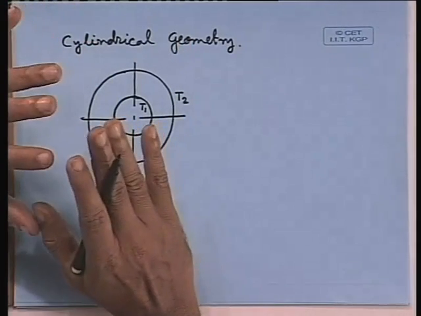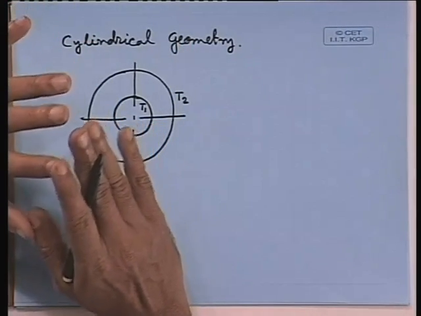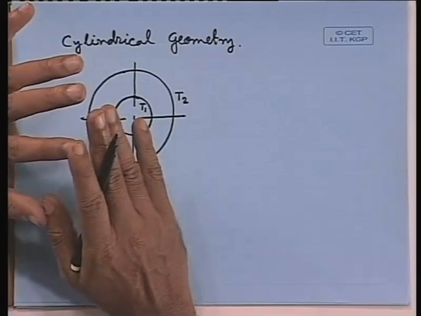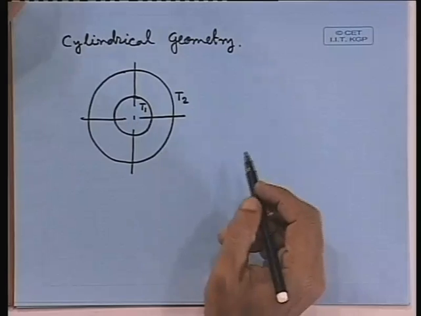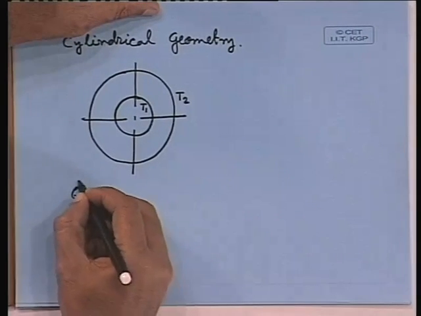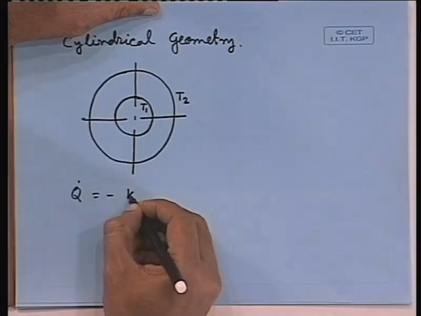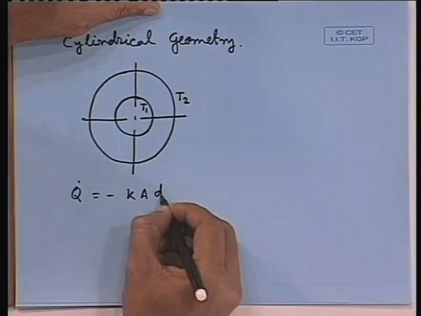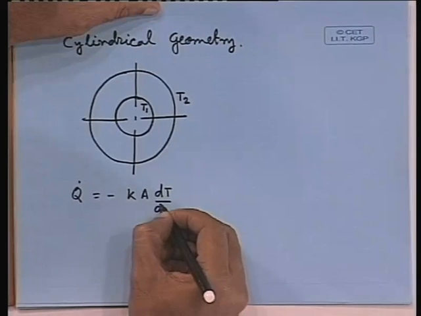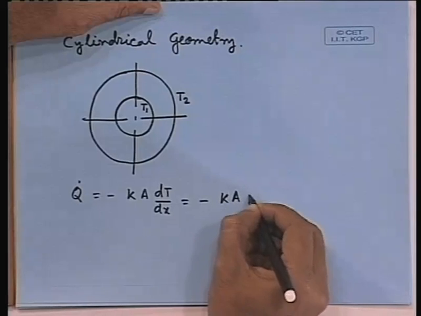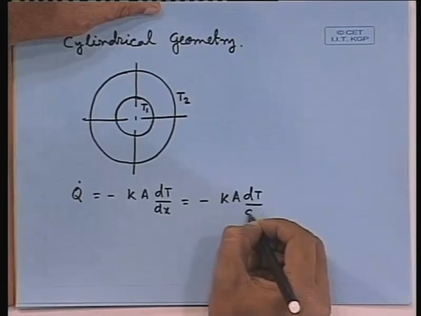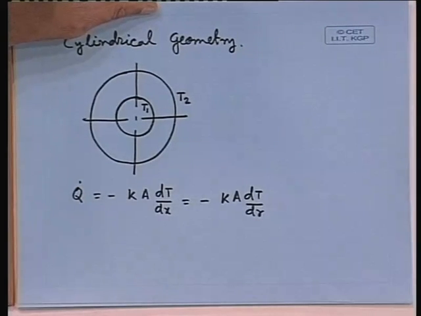So, in that case the heat flow will be only along the radial direction. Okay. So, one can write Q dot is equal to minus K A dT/dx, that is nothing but minus K A dT/dr along the radial direction.